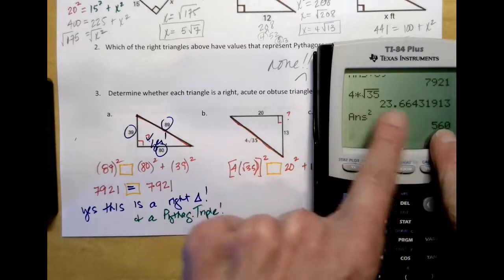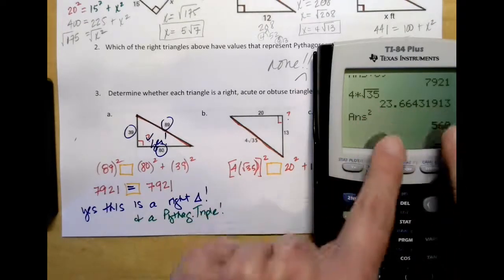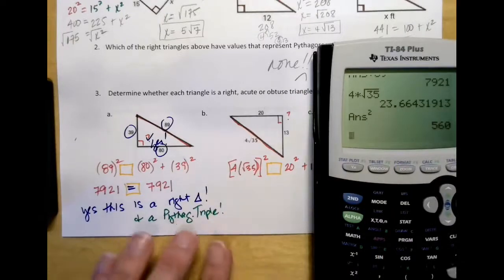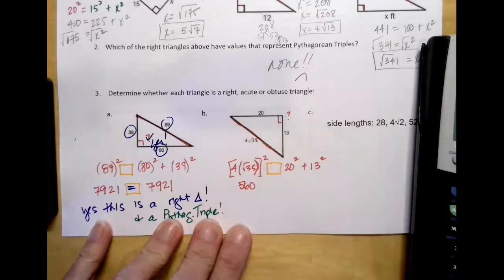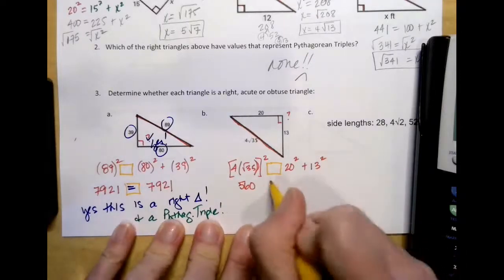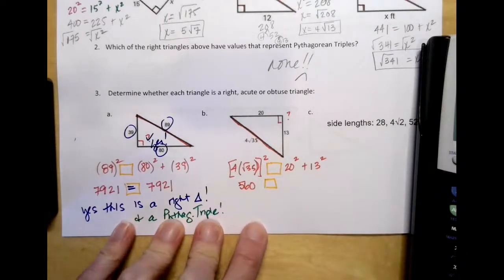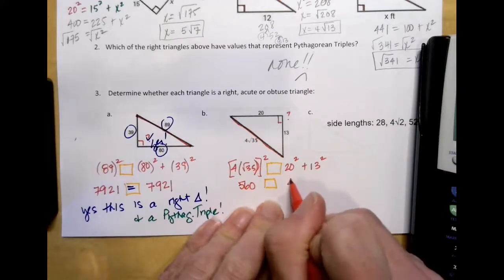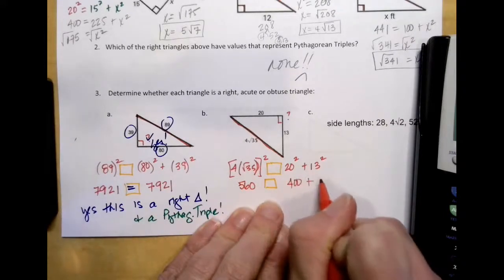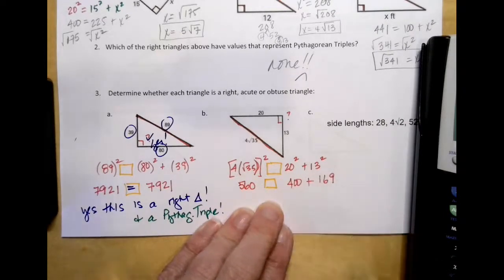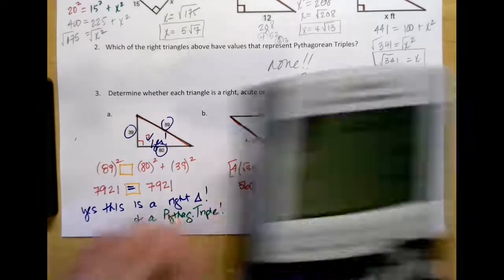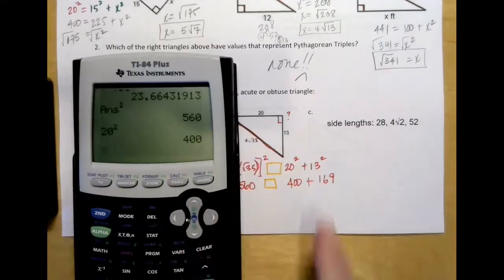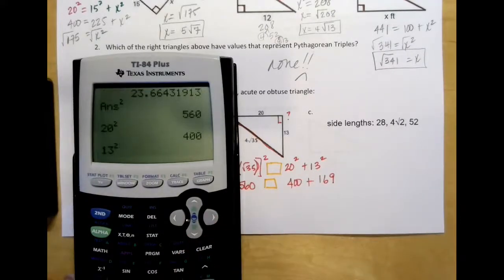My calculator knew that even though this was irrational, it knew to call this 560, and I'm comparing that to 400 plus 169, which is 13 squared. So just in case we're checking, 20 squared is 400, 13 squared is 169.